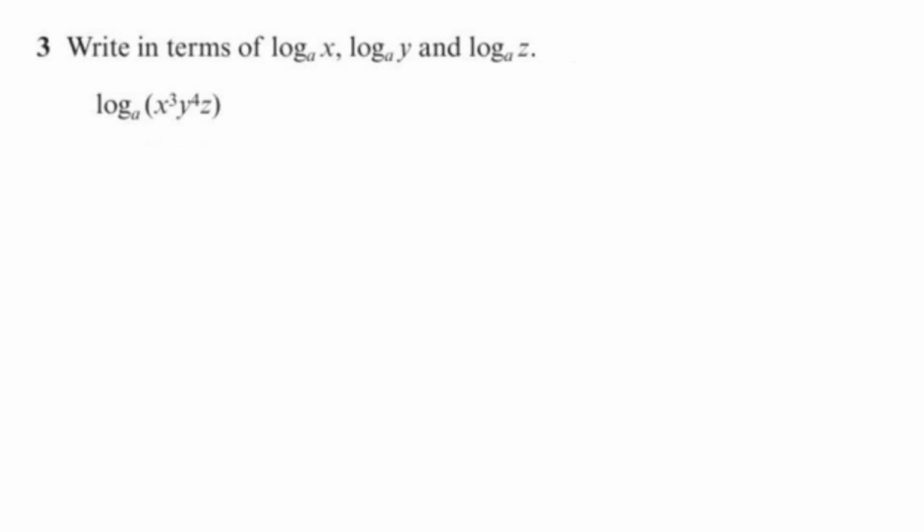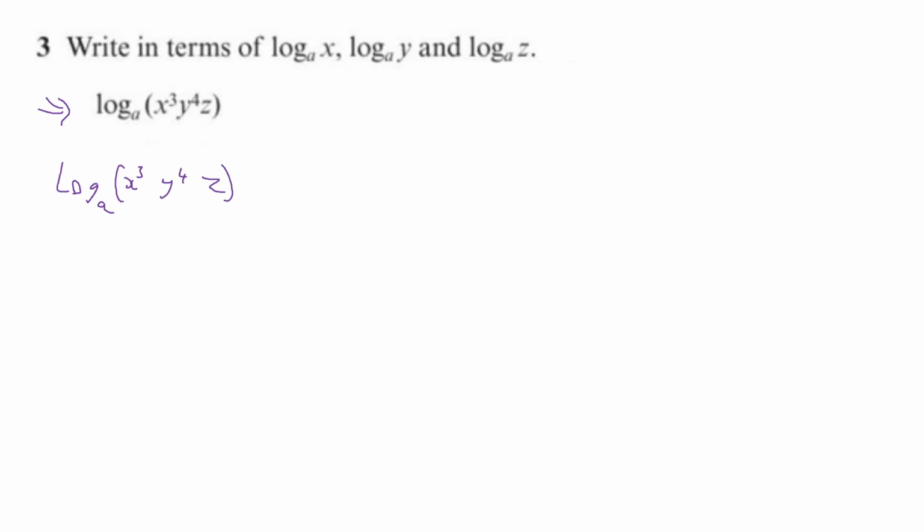Now let's look at this one. Write log base a of x cubed y to the 4 times z in terms of log x, log y, and log z. How are we going to split this up, do you think? Well, log of x cubed times y to the 4 times z, what are we going to use?